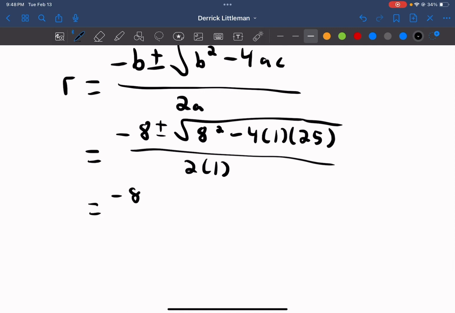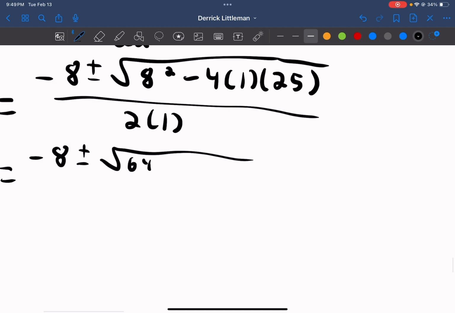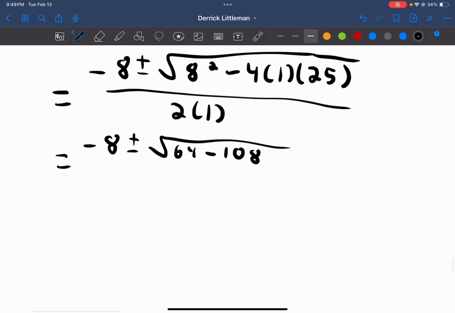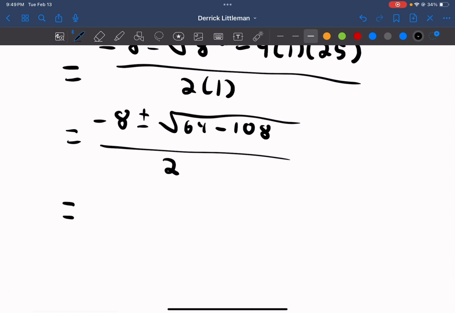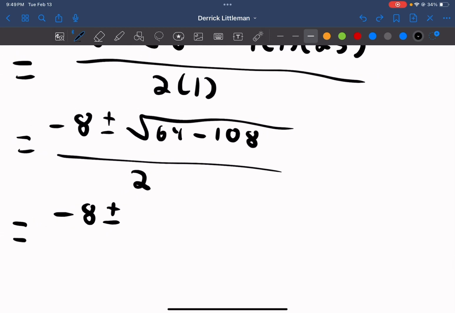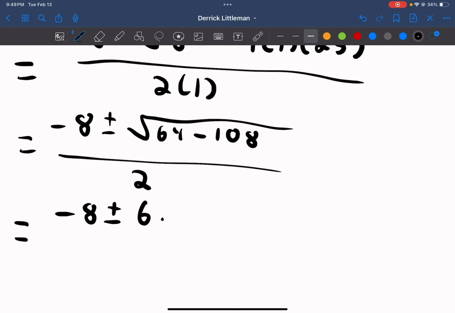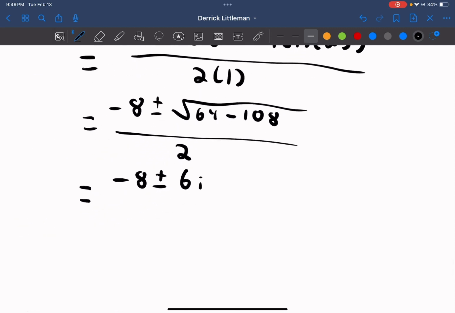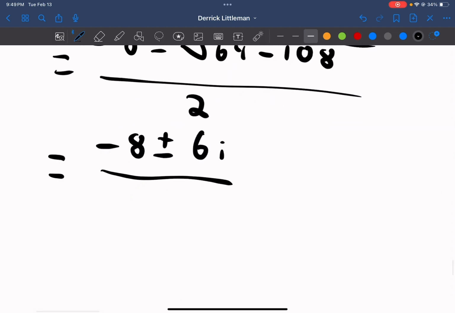Here we have negative 8 plus or minus the square root of 64 minus 100, all over 2. And now we solve. If we do the square root of 64 minus 100, we get a negative number, and that will be 6, but we put i because it is negative, all over 2.